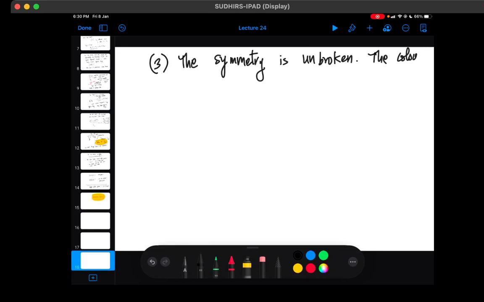It's like electric charge: in QCD the color is the replication of electric charge, which is always conserved. So let's try to write this theory. Then we'll see experimental phenomenology later, maybe in the next lecture or so.